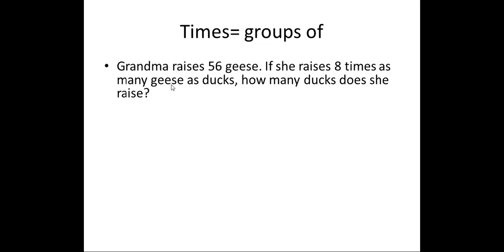One more element. What is it? Number of groups. 8 times. So 8 times means 8 groups. Meaning the number of geese is the total amount in all these 8 groups, but the number of ducks is the amount in each group.